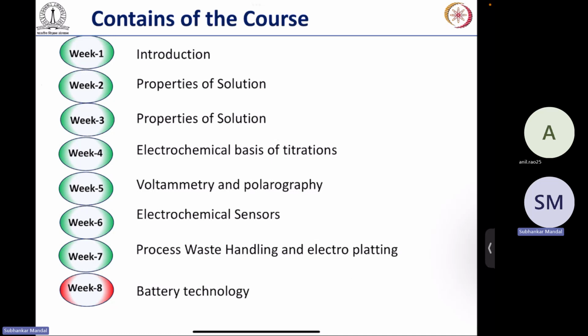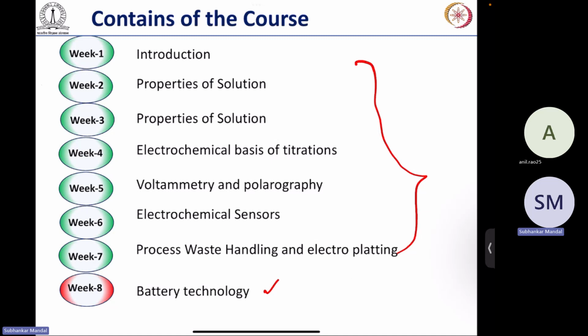Almost all the things are done. Although today is an extra class, I believe that if we discuss the last part, that is battery technology and fuel cells, then we can summarize in the Monday class whatever we have done, recalling all the parts in short so that people can remember and write them in the exam.